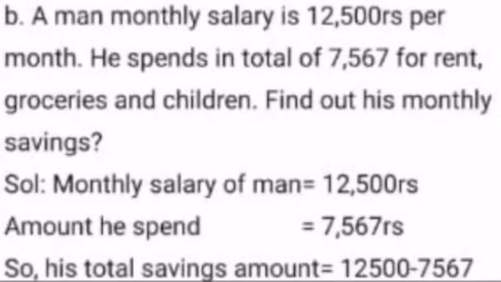Savings means salary minus the amount he spent, and then the remaining amount is the savings. Like if your parents give 10 rupees as pocket money and you have spent 5 rupees, what is your saving in that month? It is 5 rupees. In the same way here, the man spent 7,567 from his salary.